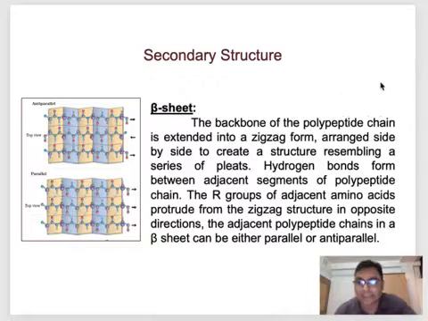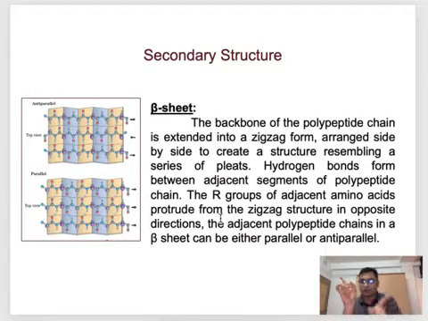Okay, and they are arranged side by side to create a structure resembling a series of plates. And hydrogen bonds form between adjacent segments of polypeptide chains. Okay, and the R groups of adjacent amino acids protrude from the zigzag structure in opposite directions. If one goes this way, another goes this way.